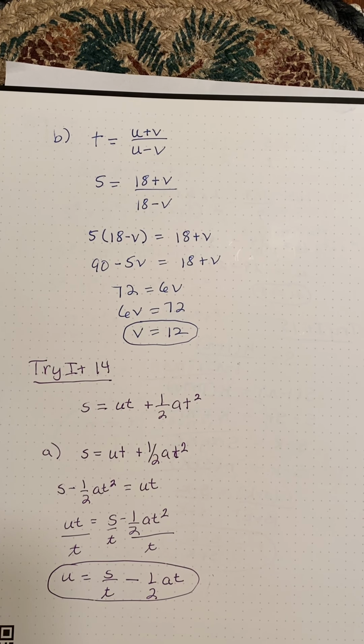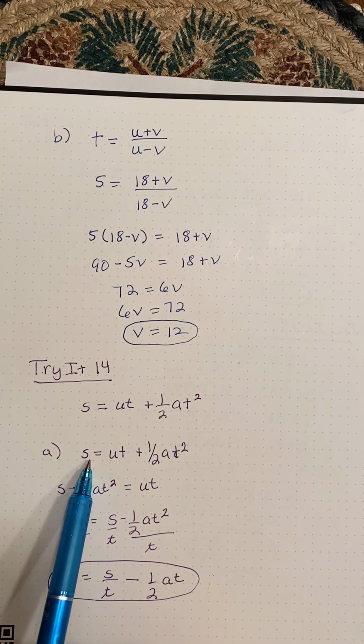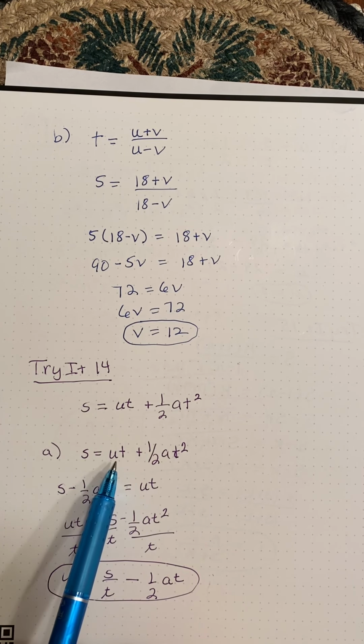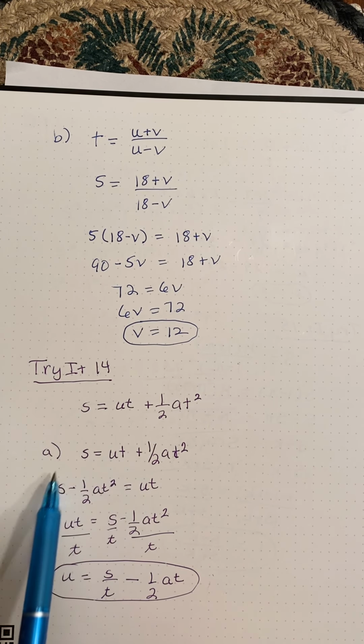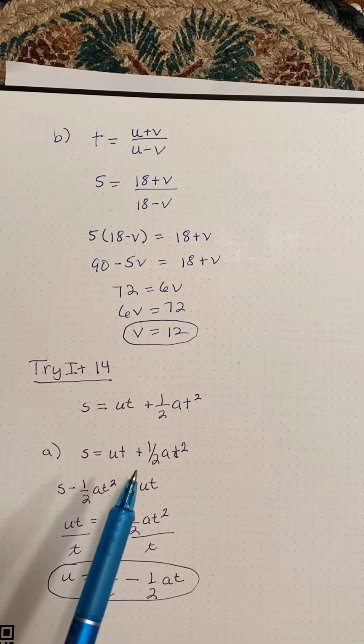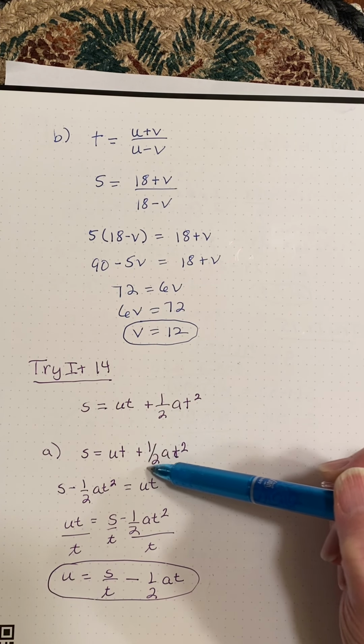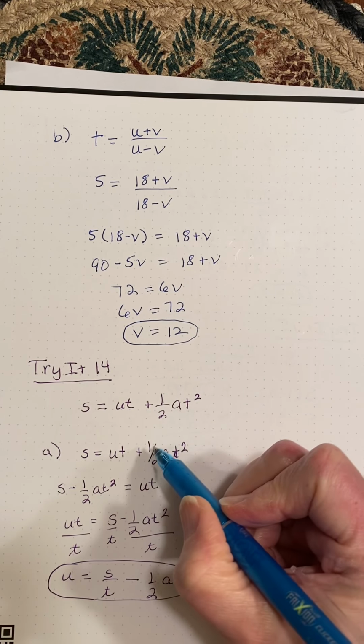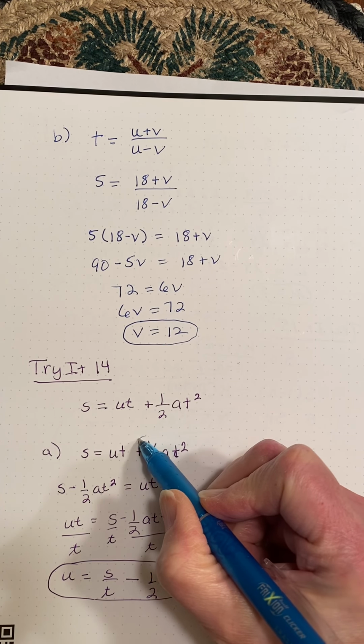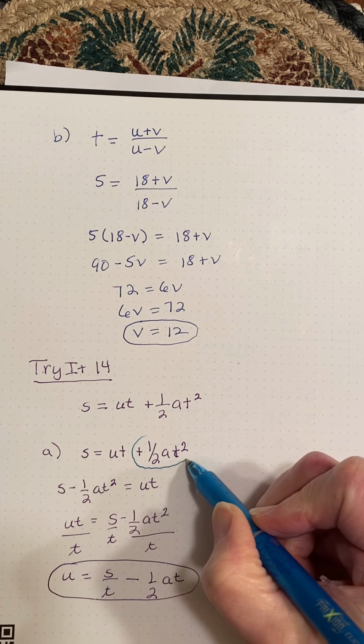So proceeding, I'm looking at that. I'm remembering I need to get u as the subject. So my objective is to get u onto this other side, but I have to do it in stages. The first thing I want to do is take this whole unit right here, that positive half at squared.